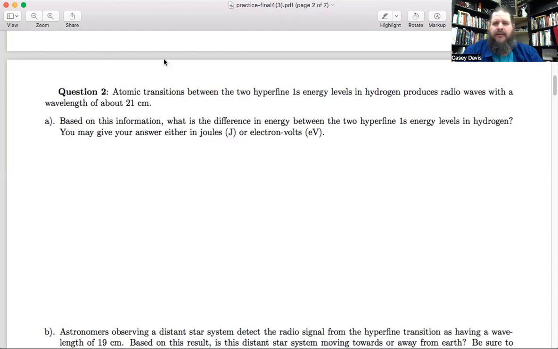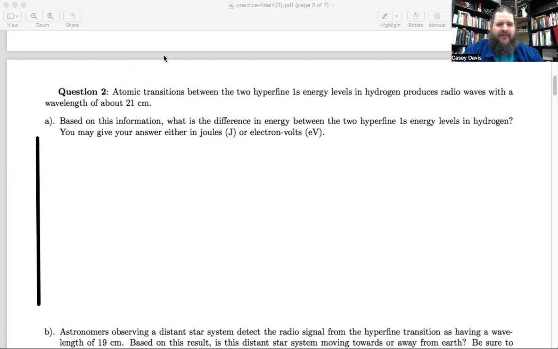So we've got, and it's producing radio waves. So presumably it's starting at a high level of energy and dropping down to a lower level of energy. If we looked at this on the usual charts we've been making, like an energy axis, we're starting at some high energy and dropping to some lower energy level. We don't even know which energy levels they are in terms of the n value.